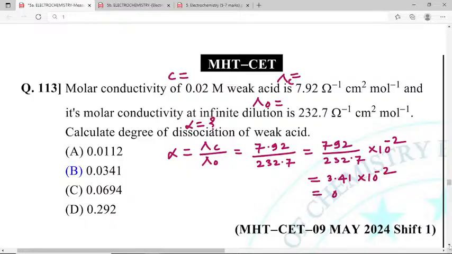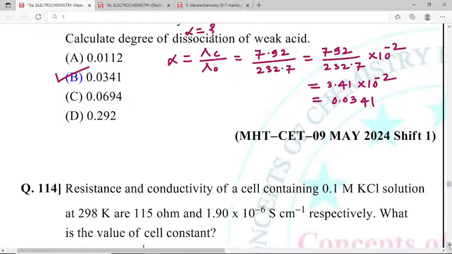So answer is 0.0341. So degree of dissociation alpha is lambda C by lambda naught: molar conductivity at concentration C divided by molar conductivity at infinite dilution.